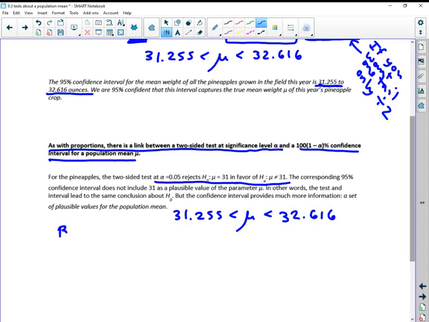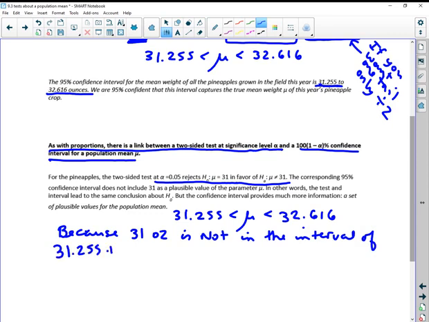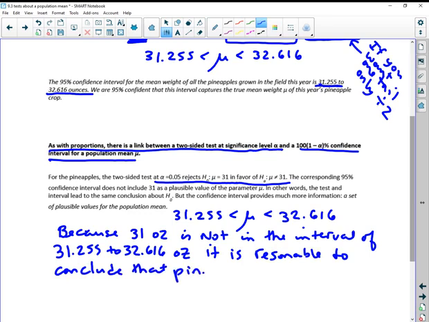No. So because 31 ounces is not in the interval of, remember, you always have to say the numbers, 31.255 to 32.616 ounces, it is reasonable to conclude that pineapple weights have changed from that previous value of 31.